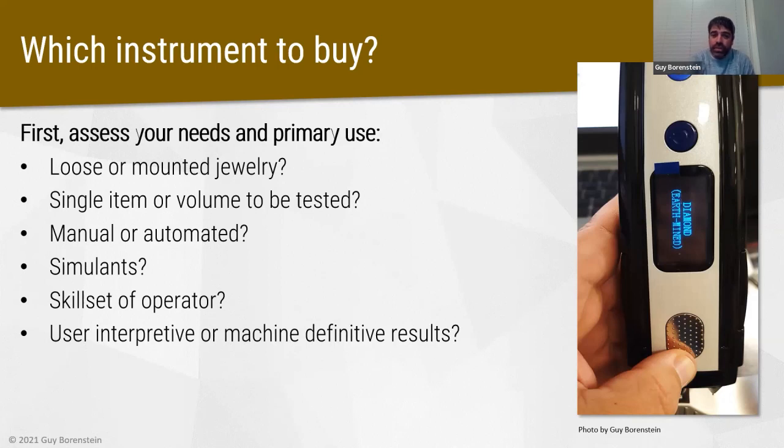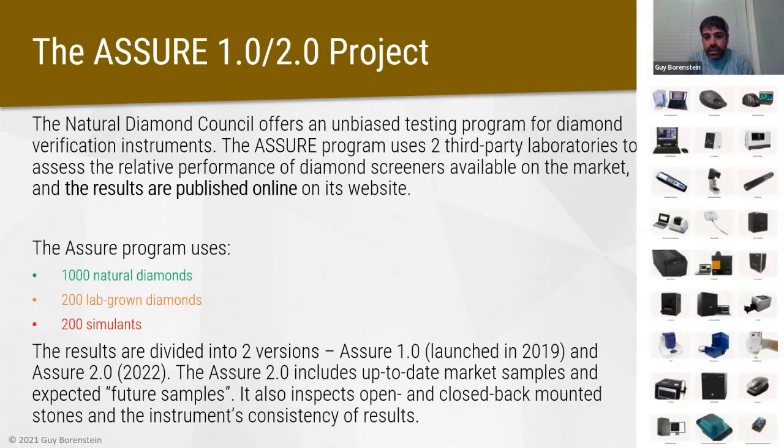Now, there are many machines in the market, I'm aware of that. So another tip that I can give you is using something called the Assure project. Assure project is an initiative by the Natural Diamond Council. They created a program where every manufacturer can submit their diamond screener machine to a third-party laboratory, testing these machines and publishing the results online.